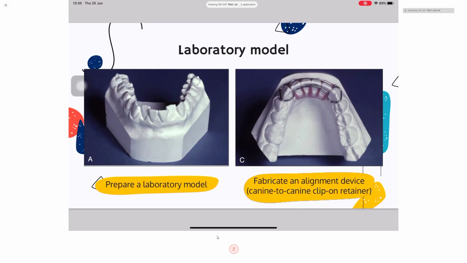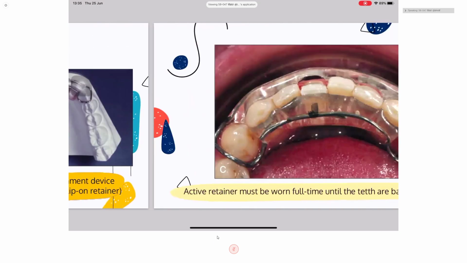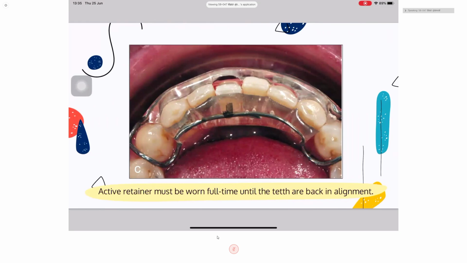The teeth are reset in wax in proper alignment and 28 mm steel wire is contoured around the labial and lingual surface. Then apply acrylic over the labial part of the wire. Then deliver the appliance. However, full-time wear is essential until the teeth are back in proper alignment.